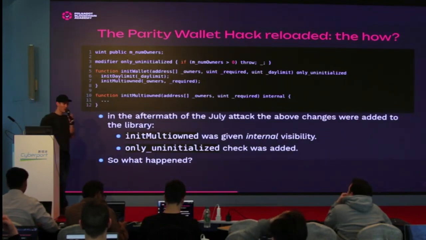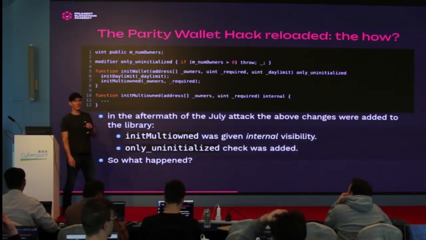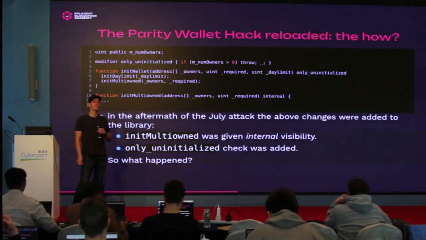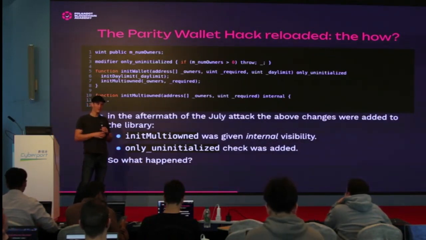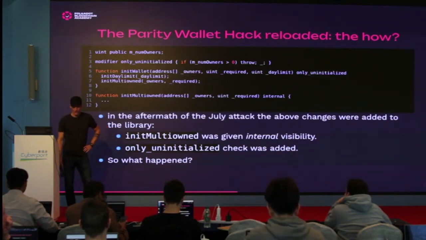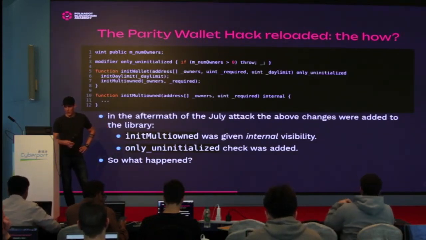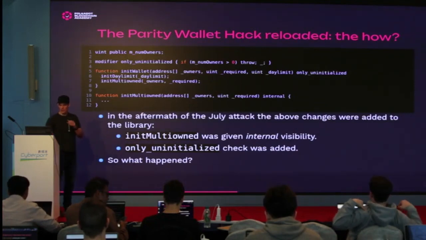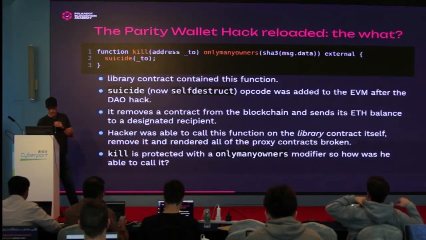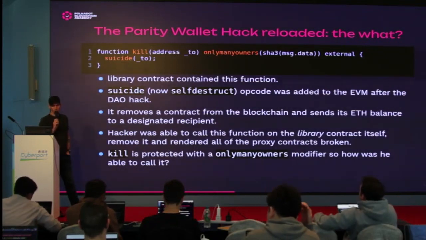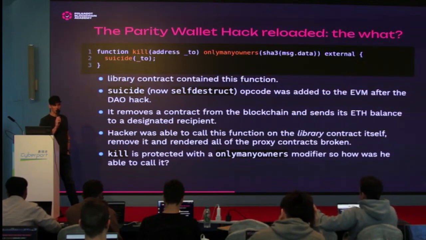The onlymanyowners, it checks, this is a question, not the answer. It checks the message.data, like in the previous slide. What does onlymanyowners do exactly? I'm a bit confused here. It's like a macro.